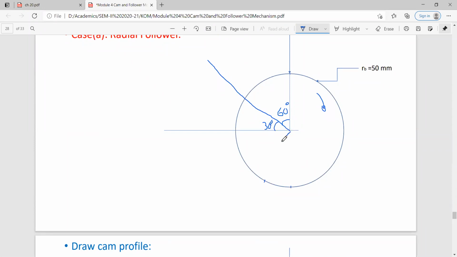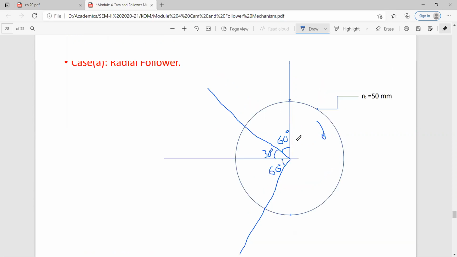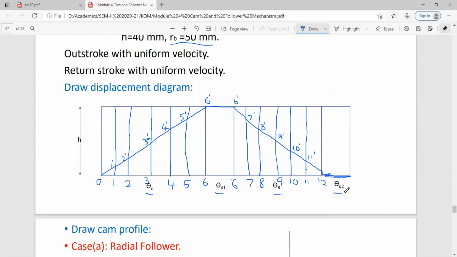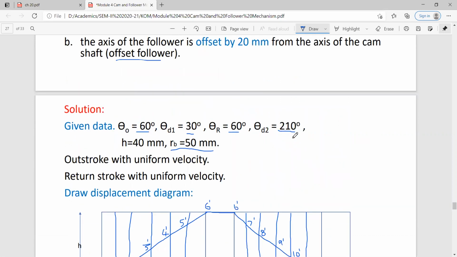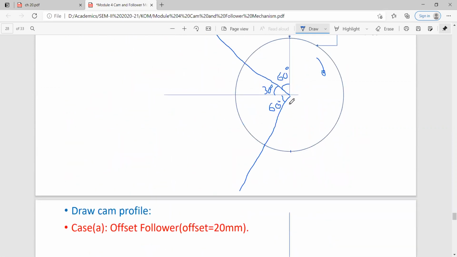So I will mark the angle of return, which is 60 degree. Got it? The remaining angle is nothing but the second dwell period, theta d2, which is 210 degree. So automatically the remaining one will be your second dwell period.